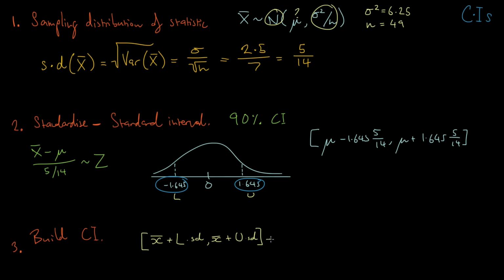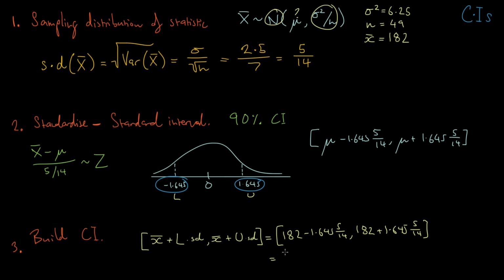And in this particular example, our sample statistic, we're going to be given that. And in this case, it's going to be 182. This is the mean we recorded when we looked at our sample. And so this interval is going to go from 182 minus 1.645 times 5 on 14 up to 182 plus 1.645 times 5 on 14.